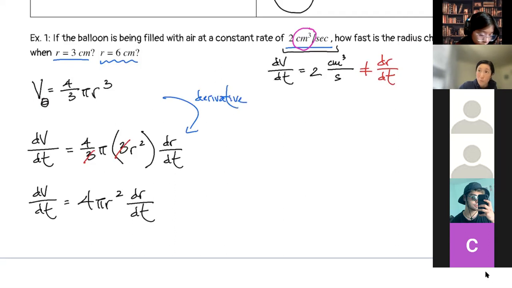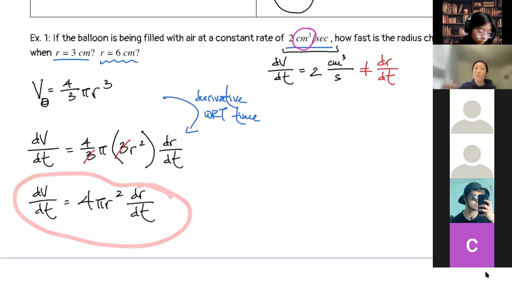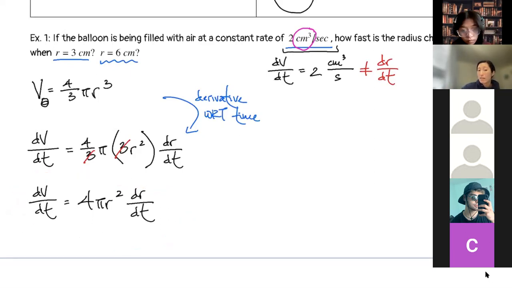I'm going to abbreviate with respect to as WRT, with respect to time. All right, now we have an equation. And this equation describes how the volume changes and how the radius changes with respect to time. Like over time, at any given moment, if we plug in numbers, we will get the slope or the rate of change at that moment in time.